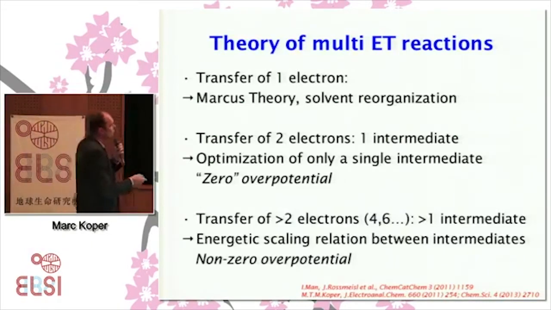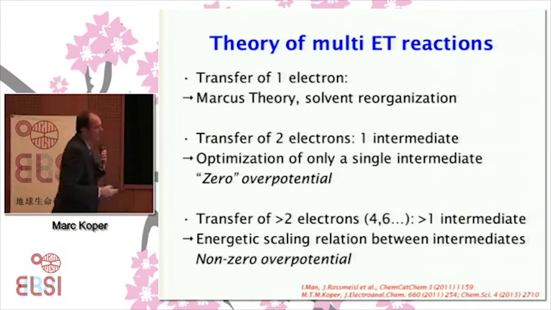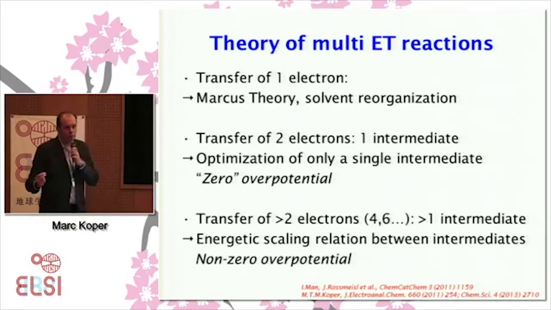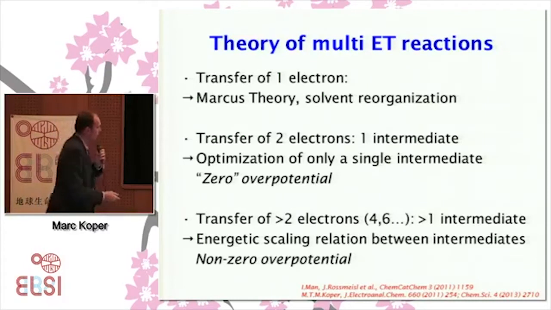Once we transfer more than 2 electrons, for instance, the oxidation of water to oxygen, the oxygen evolution reaction is a good example. It requires 4 electrons or 6. What we see then is that we no longer have a single intermediate. We go through multiple intermediates in our catalytic scheme.